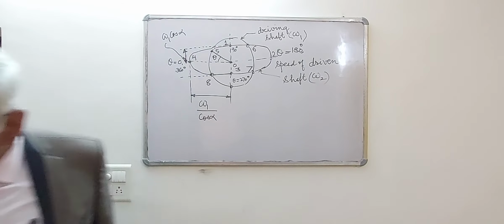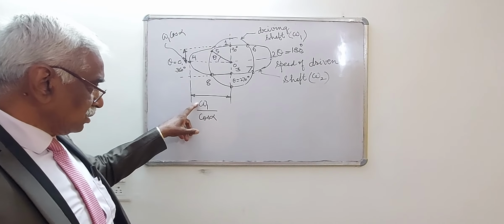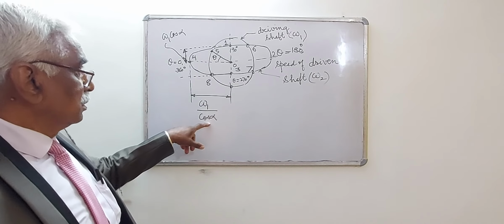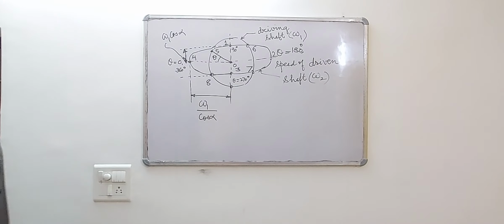Last point, the angular speed of the driven shaft, that is omega 2, is represented by an ellipse having semi-major and semi-minor axes as omega 1 by cos alpha and omega 1 cos alpha respectively.